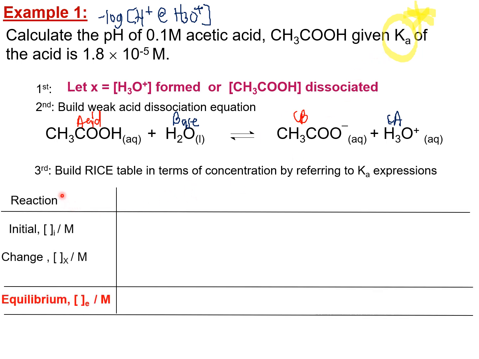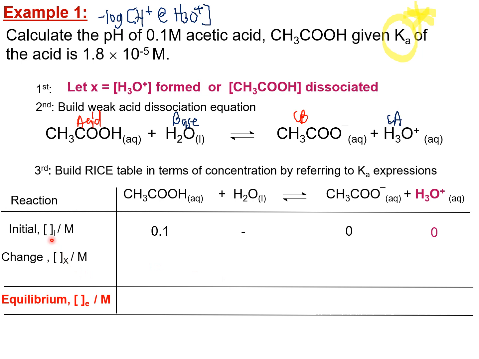R stands for reaction, I stands for initial concentration, C stands for change, E stands for the concentration at equilibrium. So kita masukkan reaction yang berlaku, and since the H2O ni adalah pure liquid, so we can just totally ignore the H2O.